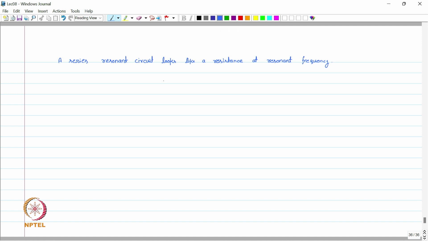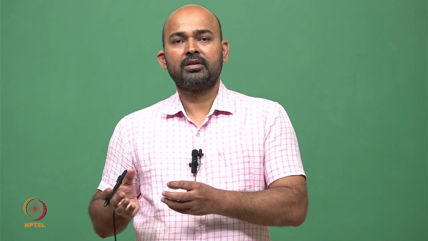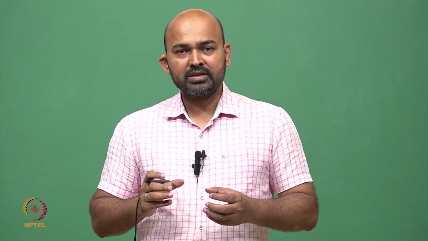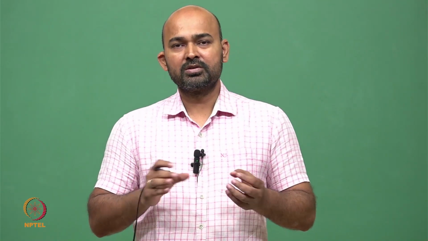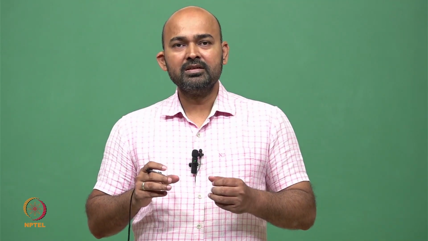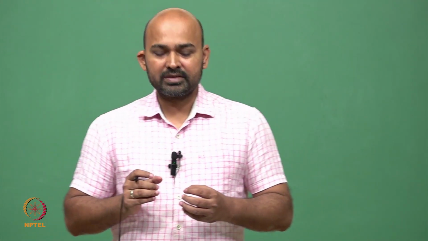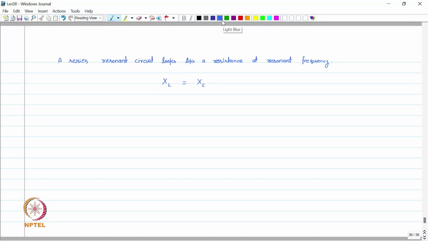Means the XL, the impedance of inductor, is equal to Xc, which is the impedance because of the capacitor. So at resonance, the impedance of capacitor actually nullifies the effect of inductor, and because of this null we get the impedance as a purely resistive value, because XL and Xc cancel out each other, and we get a net impedance as the resistance of this series resonant circuit. So XL equal to Xc at resonance.